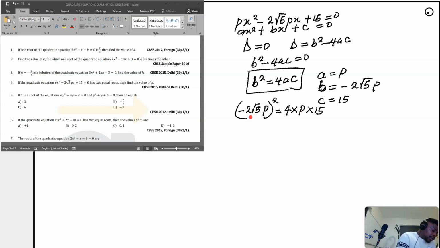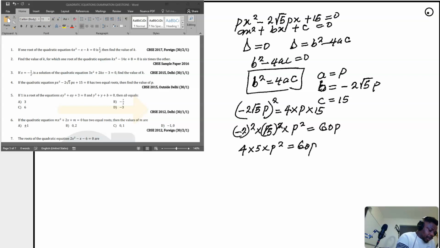So this one means minus 2 squared times root 5 squared times p squared, just for you to understand that. And this is 60p, 15 times 4. So this square will cancel this root, that is 20 times 5... 5 times p squared equals 60p. So this is 20p squared minus 60p equals 0.